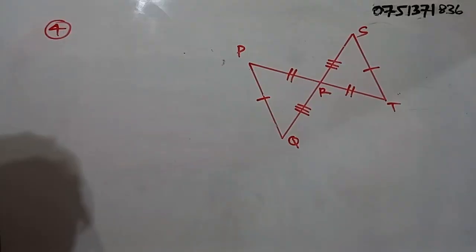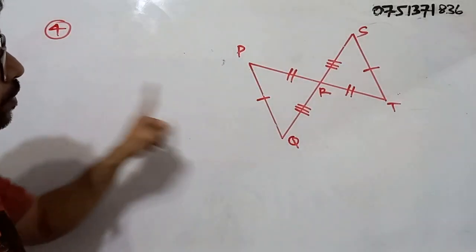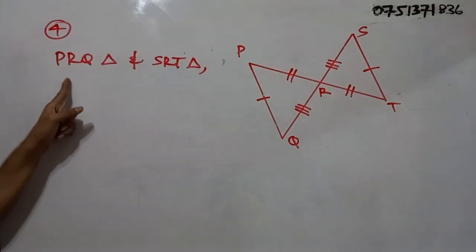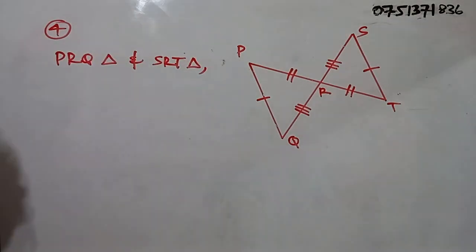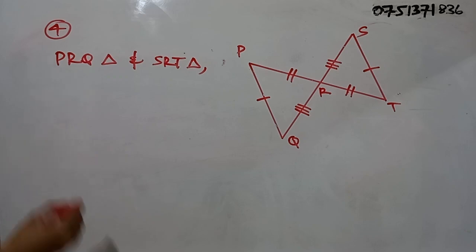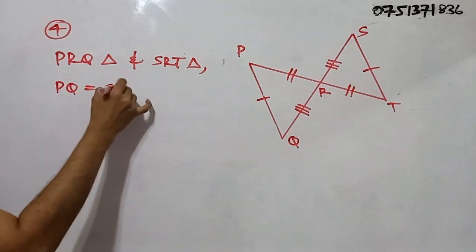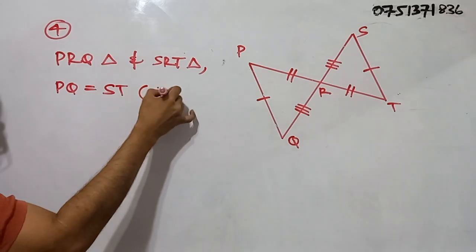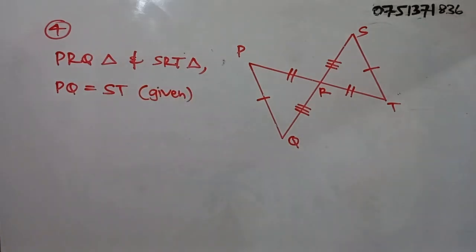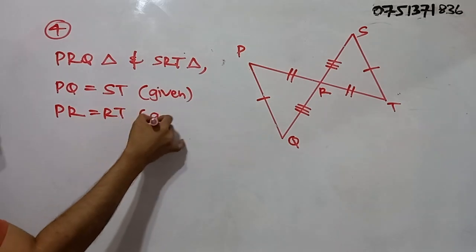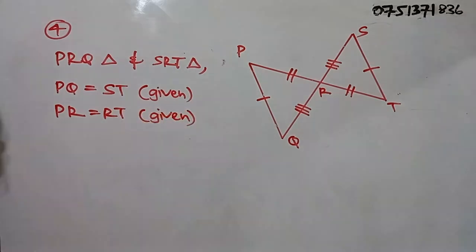Okay, so this is the fourth diagram that we have. So these are the two triangles that we need to consider. Right, so we will consider PRQ triangle and SRT triangle, right? So PQ is equal to what? ST. So this is given. And PR is equal to RT. That is also given.